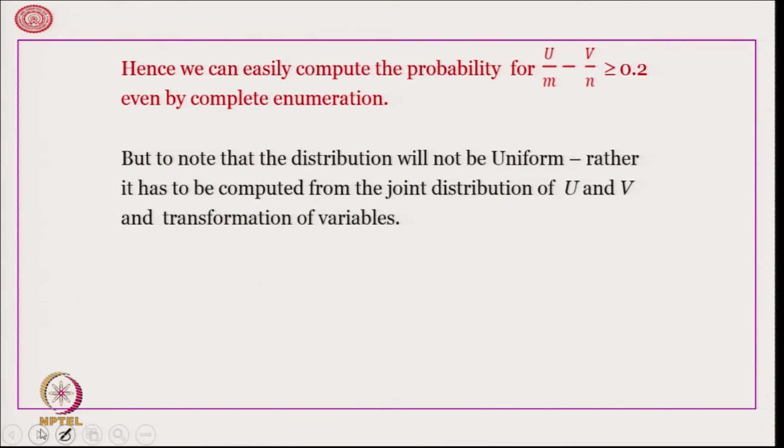That is what we have written, that we can easily compute the probability for u/m minus v/n greater than 0.2, but note that the distribution will not be uniform, because they are coming from binomial distributions. Therefore, they have to be computed from the joint distribution of u and v and transformation of variables, as I have already indicated.